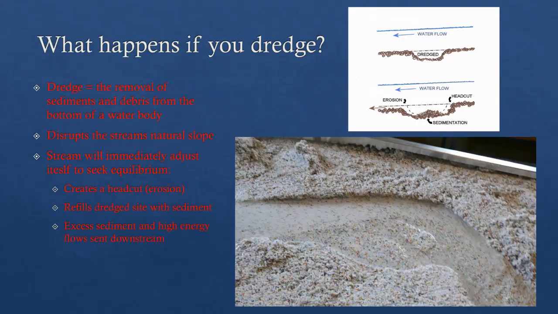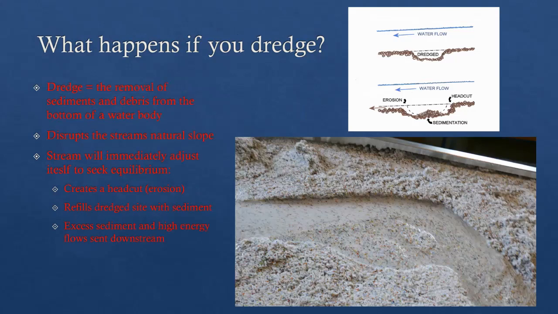So what is dredging? That is when you remove the bottom sediments and debris from a stream bed or any water body. What that does, like I mentioned earlier with that dynamic equilibrium concept, is that the stream is really trying to keep its slope stable.